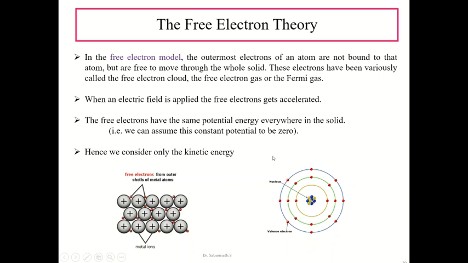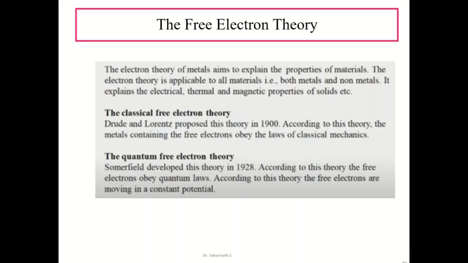So we assume that the potential field is uniform throughout the solid, hence we consider only the kinetic energy. The free electron theory explains the properties of materials, both metals and non-metals, like electrical, thermal, magnetic properties, etc.